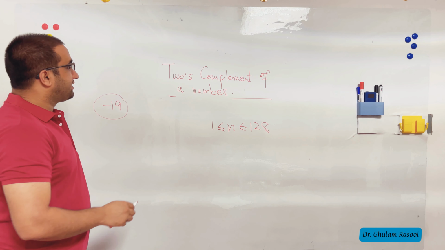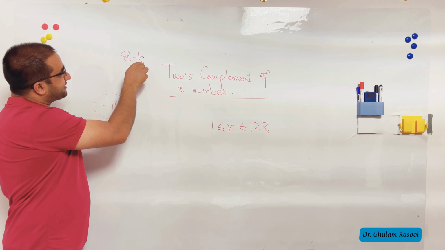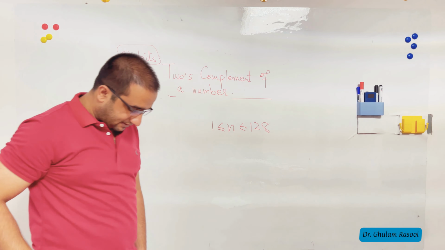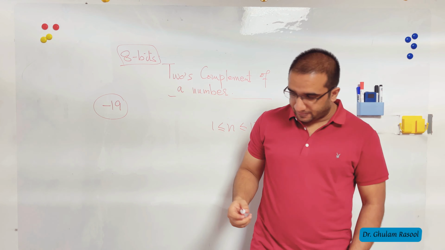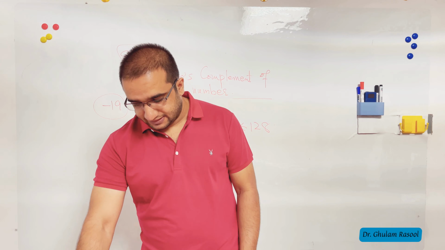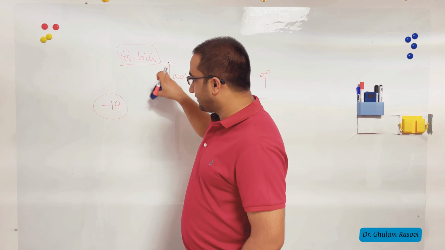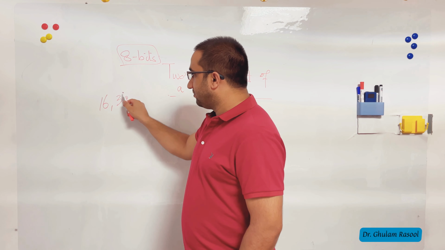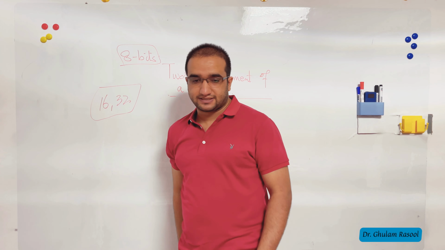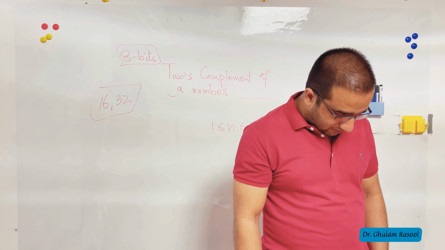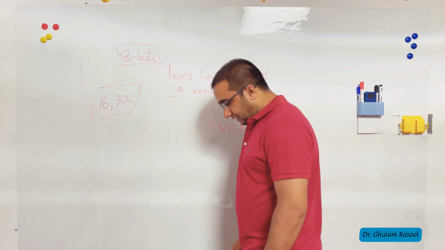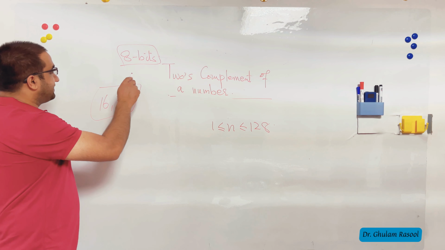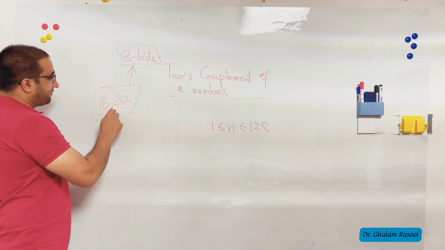Since we are dealing with 8 bits, I told you in the last class that the most common bit systems in computer science recently are 16 or 32. But I said that I'm not going to follow any one of them.